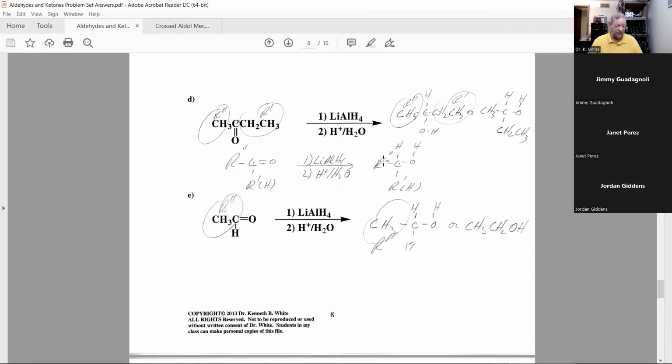Now, as I mentioned, hydrogenation will also attack carbon-carbon double bonds. When you don't want that to happen, use lithium aluminum hydride, LiAlH4. First step, second step, H+, which is acid and water. And if you have an aldehyde or ketone, D is a ketone, carbon double bond to oxygen, carbonyl.